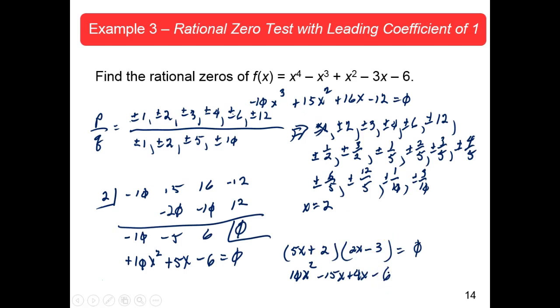I know that works, but minus 15x plus 4x would be minus 11x, and we got a plus 5x. So that doesn't look good. Our numbers are wrong.